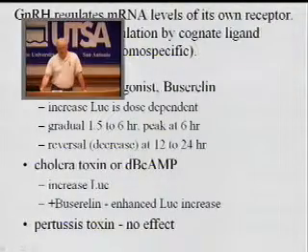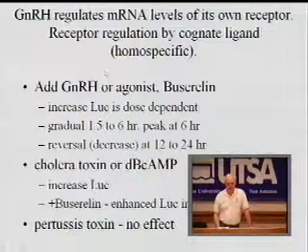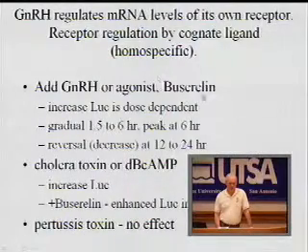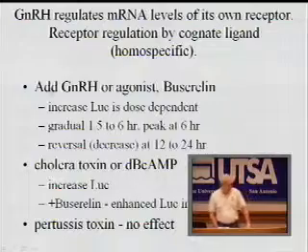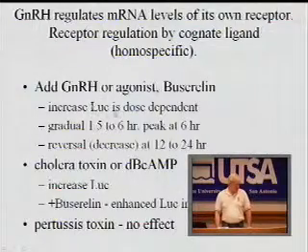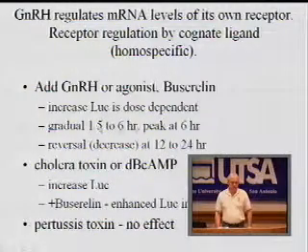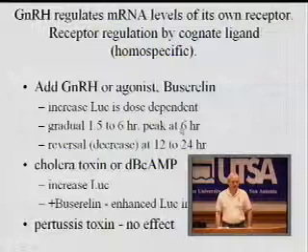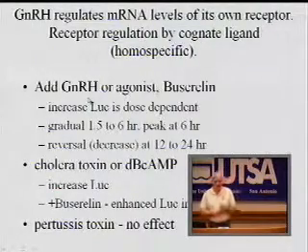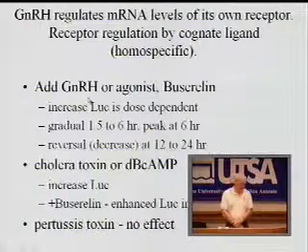So if GnRH is added, or an agonist called buserelin, then there is an increase in the luciferase, and it is dose dependent. This is gradual from about 1.5 to 6 hours, and it peaks at about 6 hours. This would be a case where you would add the agonists and then wash them off.